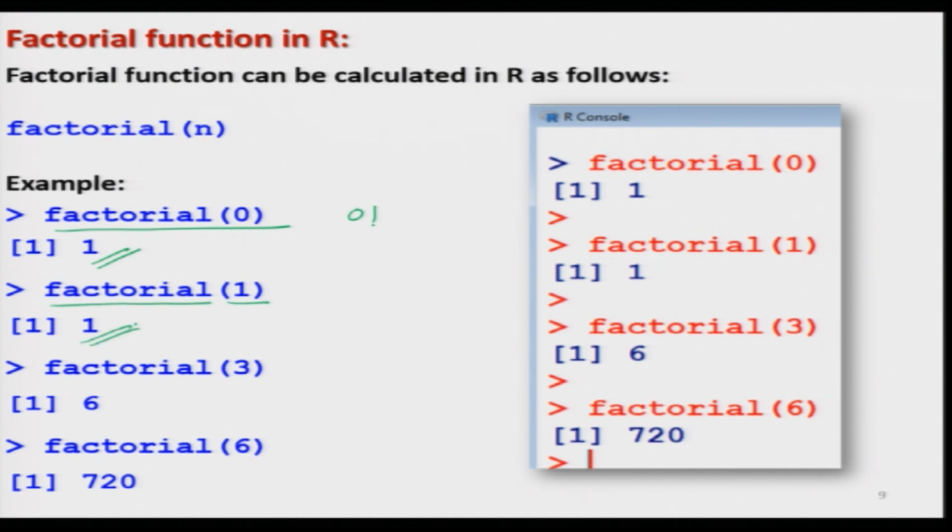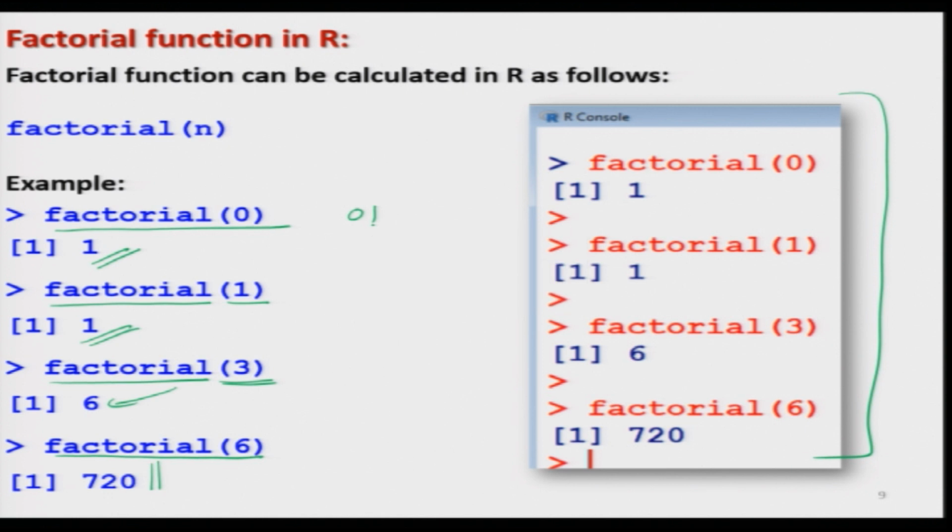This gives the value 1. For factorial 3, we write factorial 3, and it comes out to be 6. If you want the value of factorial 6, that is 1 into 2 into 3 into 4 into 5 into 6, which comes out to be 720. You can see here the screenshot of the same.